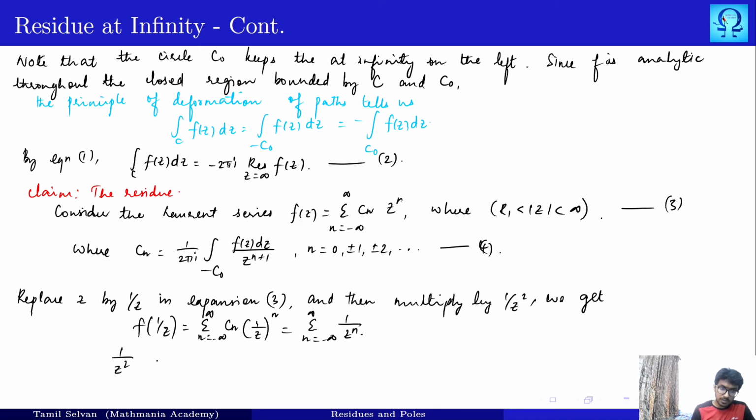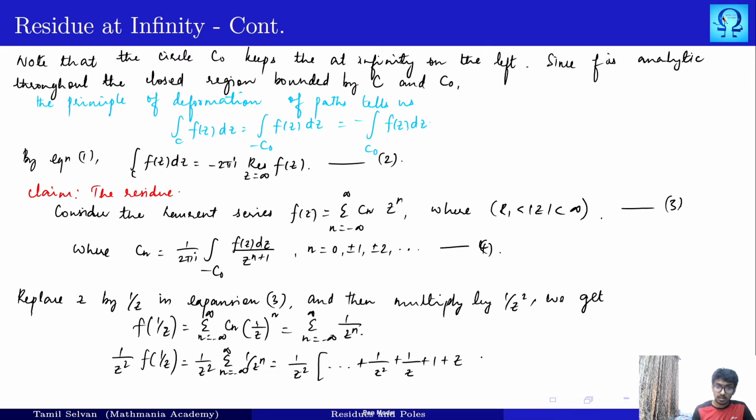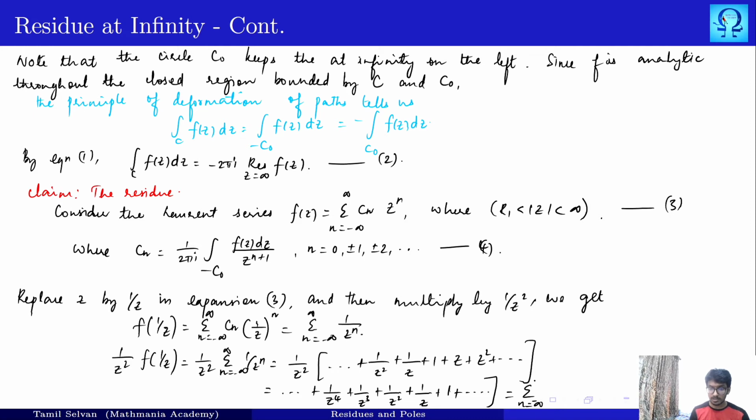When you multiply 1 upon z squared with this, this is 1 upon z squared summation n runs from minus infinity to infinity Cn 1 upon z to the power n, which can be written as etc. 1 upon z squared plus 1 upon z plus 1 plus z plus z squared plus etc. This may also be written as etc. 1 upon z to the power 4 plus 1 upon z cube plus 1 upon z squared plus 1 upon z plus 1 plus etc. Even this can be written as summation n runs from minus infinity to infinity.